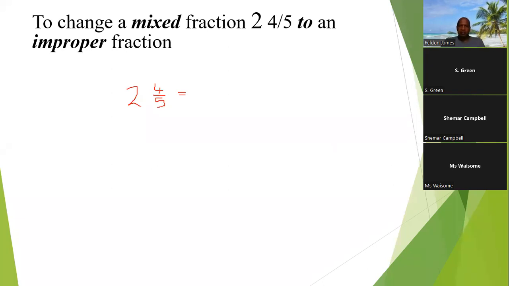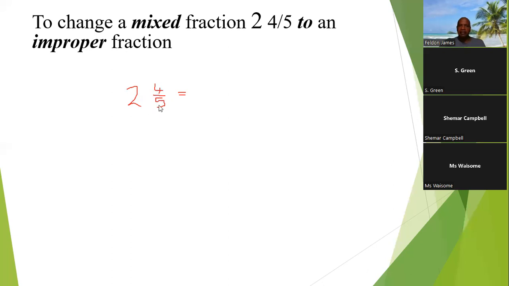Multiply, sir, the denominator by the whole number and then add the numerator. All right. Anybody else agree with what Ms. Waysam is saying? Yes, sir. Right. Because we know that the whole number is telling you, if we are thinking in terms of pizza, that you have 2 whole pizzas, and then now you have 4 slices out of 5.